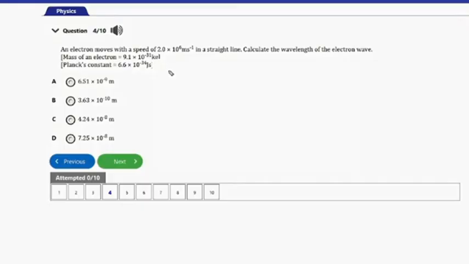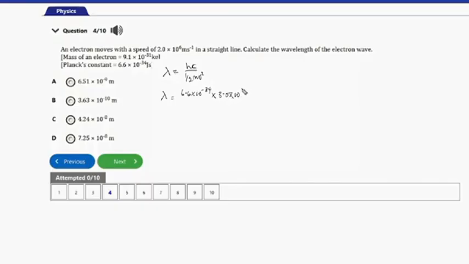Alright, so we are going to use the equation wavelength lambda is equal to hc over half mv squared. In this case, h is the Planck's constant given as 6.6 times 10 to the power of negative 34. Then c is the speed of light.